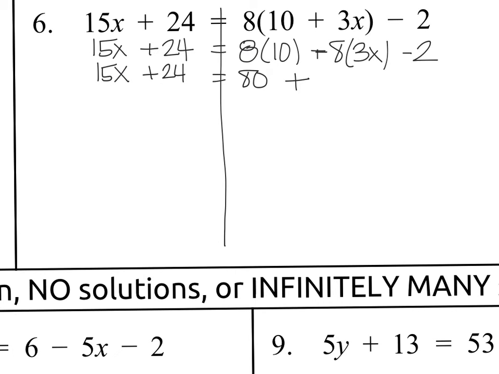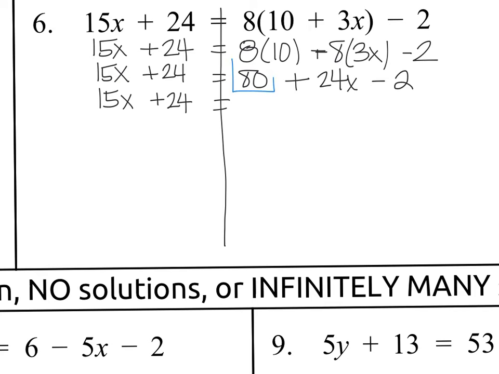Okay? So then we have 15x plus 24 equals 8 times 10 is 80 plus 8 times 3 is 24x, 8 times 3x, minus 2. Not quite there. 15x plus 24 equals, well, what do I need to do?